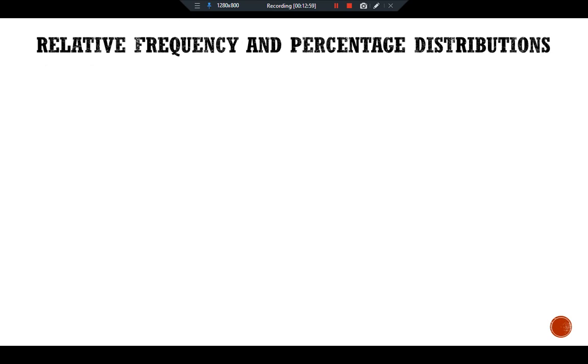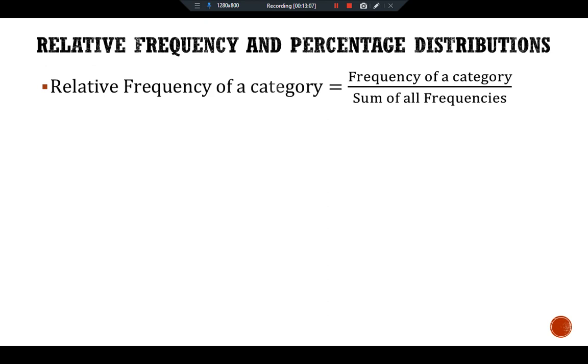A relative frequency distribution lists the relative frequencies of all categories. We can use this formula: relative frequency of a category is equal to the frequency of that class divided by the sum of all frequencies.